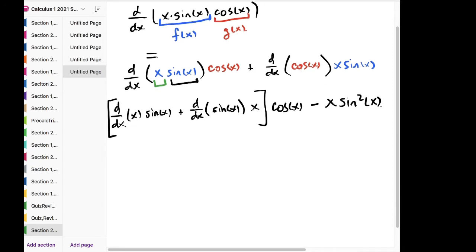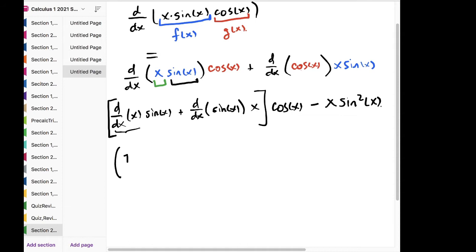Okay, then let's do the parentheses. So what's the derivative of x? One, right?